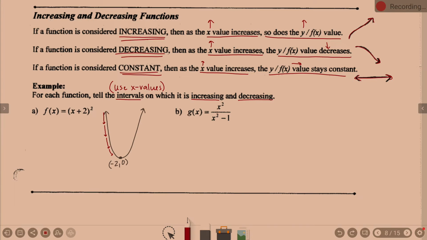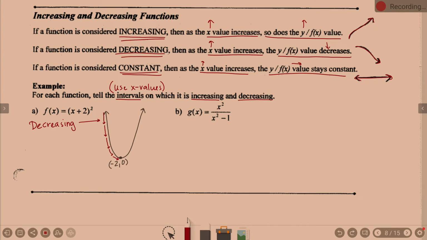When am I going to stop decreasing? When I start increasing, at that minimum, yes? So the first thing I'm doing is decreasing, because as I move towards the right on my graph, I'm going down.